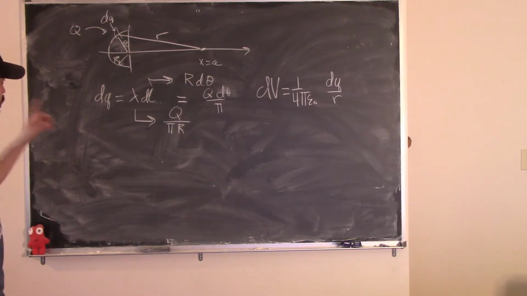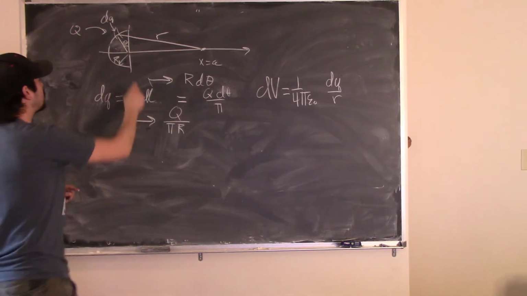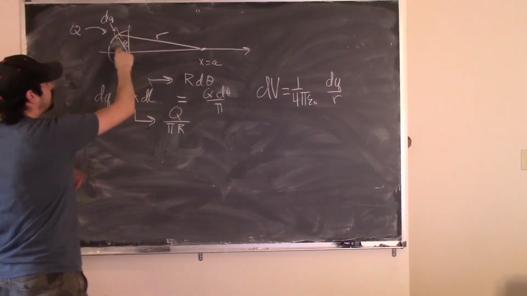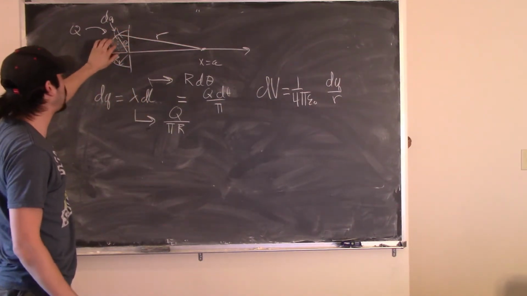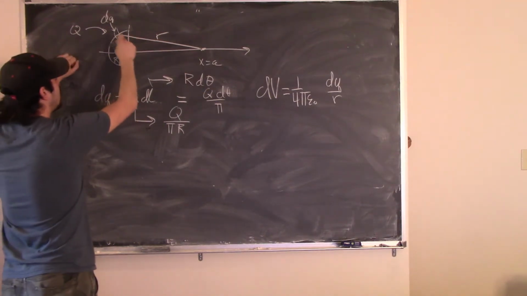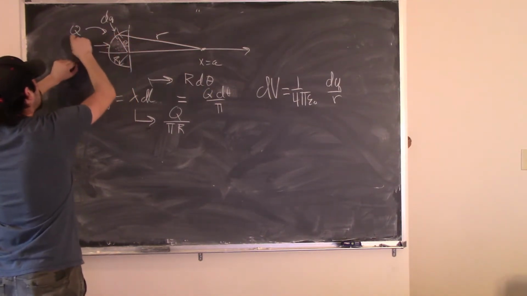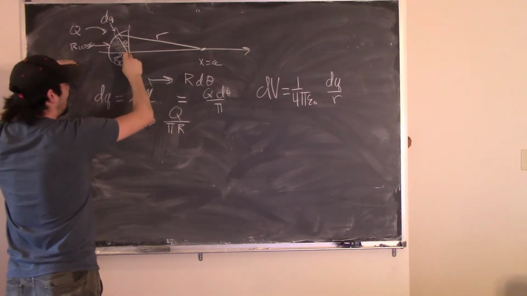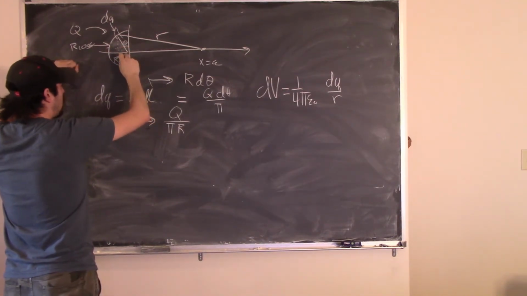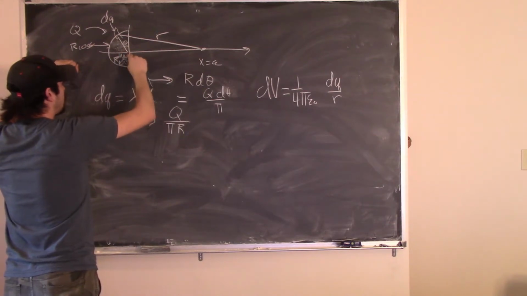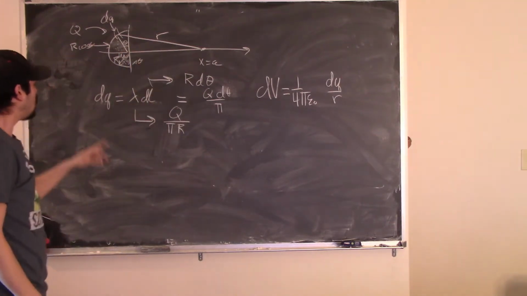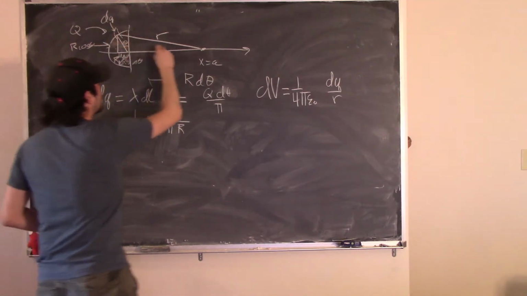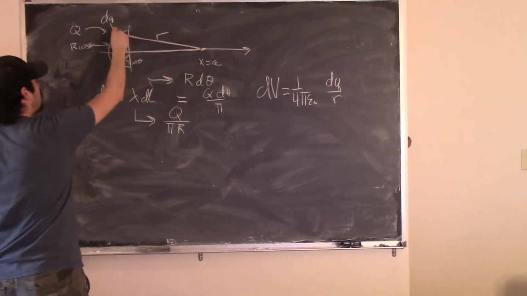There's some y portion that can be represented as r cosine theta, and some x portion that I can find to be r sine theta. Okay, so this makes a right triangle. So I have my right triangle here.